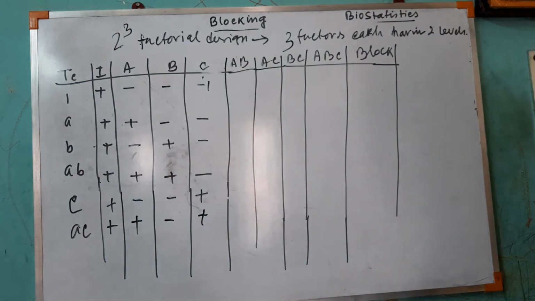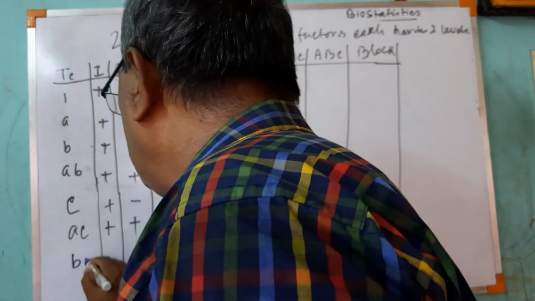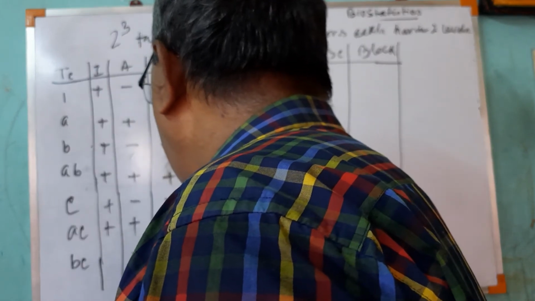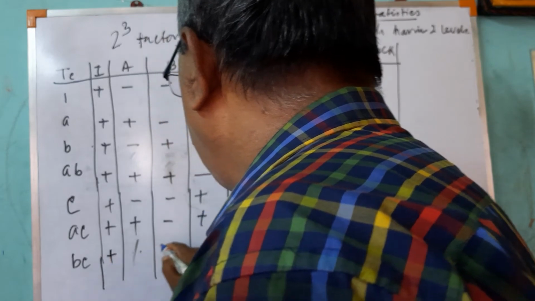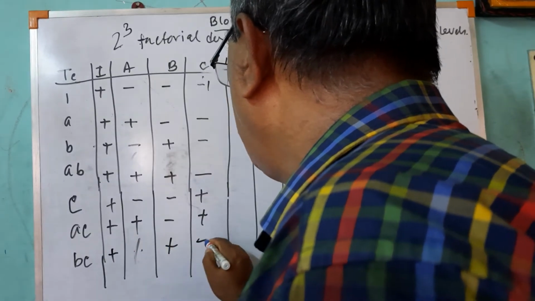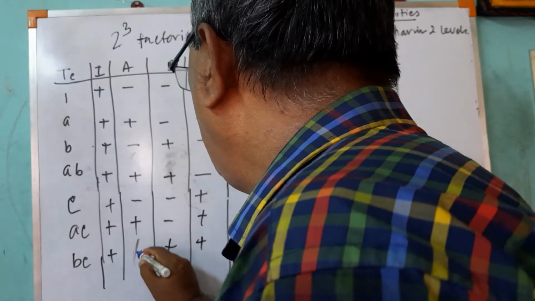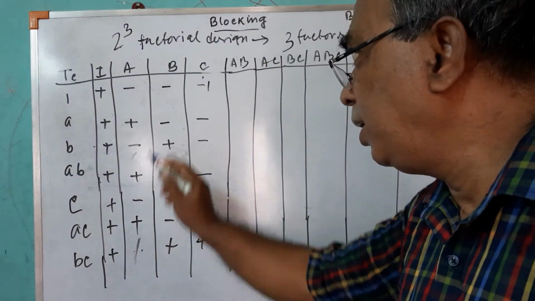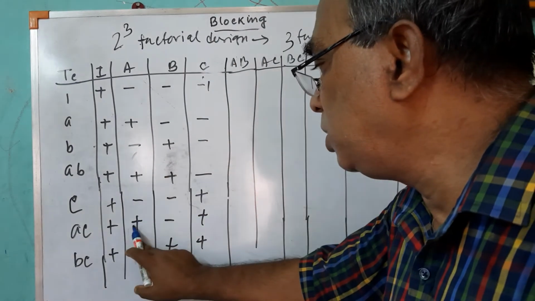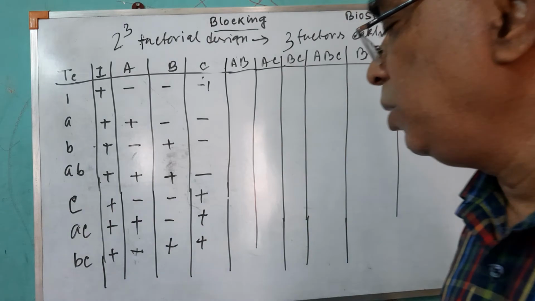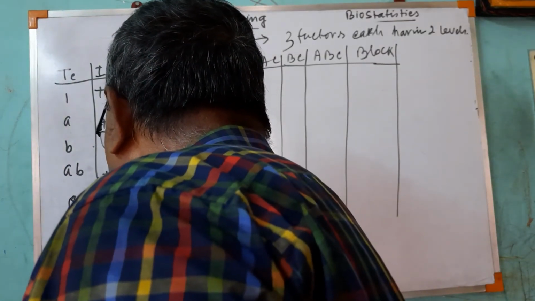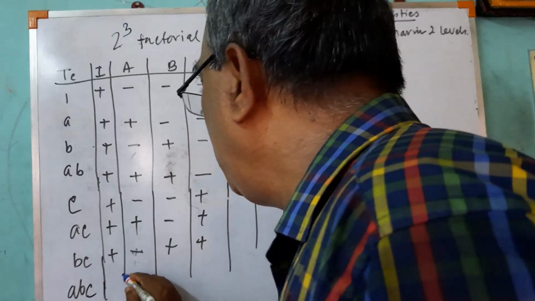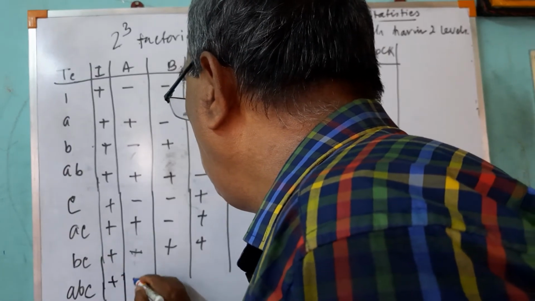When it comes to BC, B is at higher level, C at higher level, and A at negative. Next, ABC, the last one: all are at higher level.